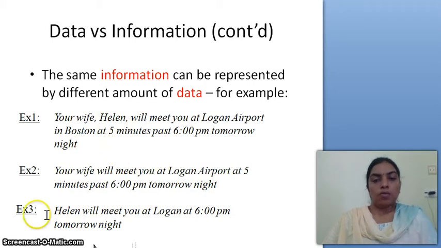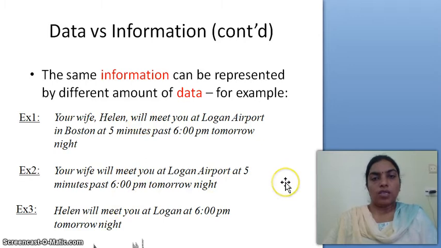Now coming to this one, the Logan Airport place is also missing. Now example 3: Helen will meet you at Logan at 6 p.m. tomorrow night. So okay, here the information is there with different amounts of data, right?